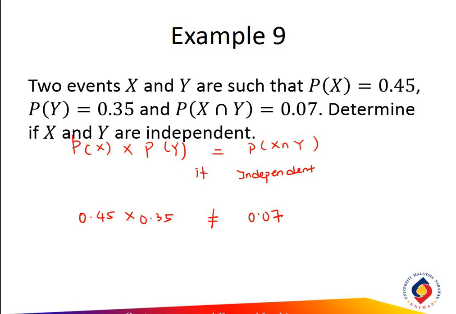So this is another way to prove that this is not independent. If it's not independent, then they are dependent.